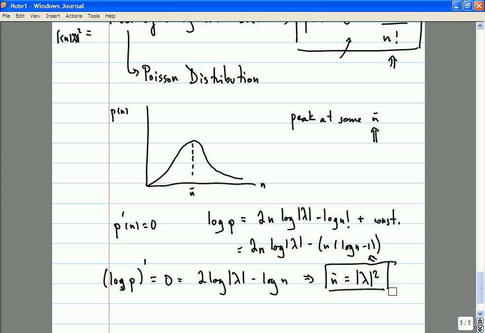As one might expect, as you increase the absolute value of lambda, remember that the wave function of a coherent state is a displaced Gaussian, and the amount of displacement away from the origin is proportional to lambda. That's what I call x naught.